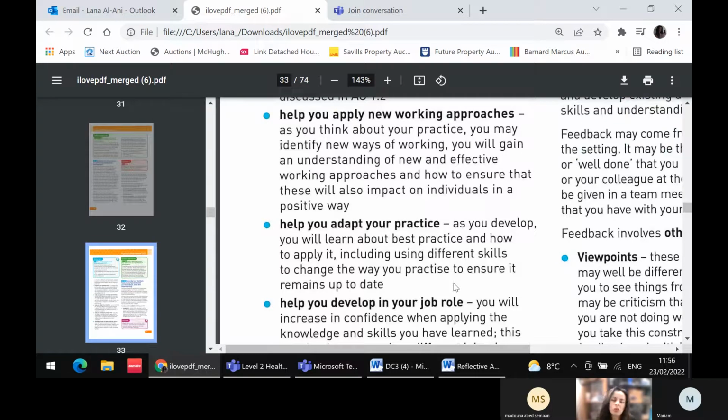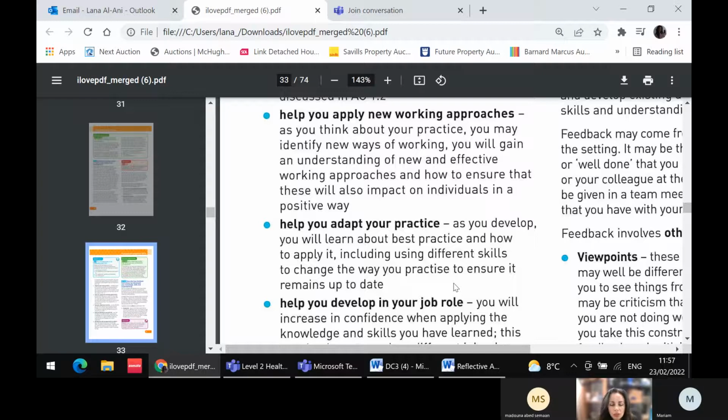So when you continue your learning and development, as you think about your practice, you may identify new ways of working, and you will gain understanding of how effective a new work approach is. If you keep thinking about your work practice and keep developing, you might find there are new ways of working.